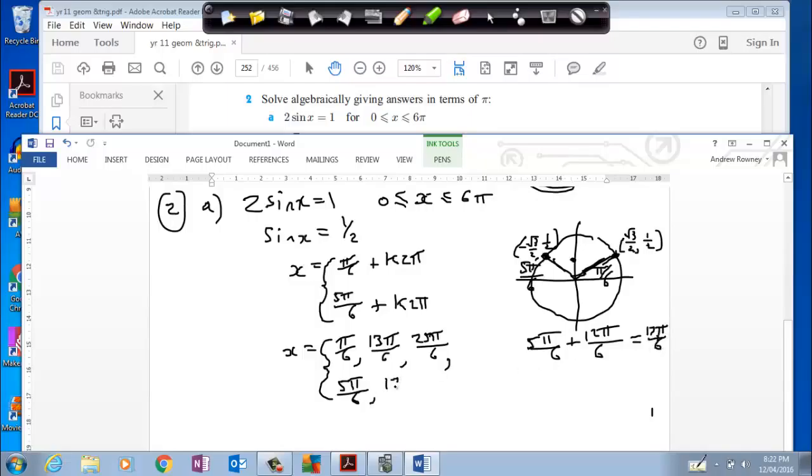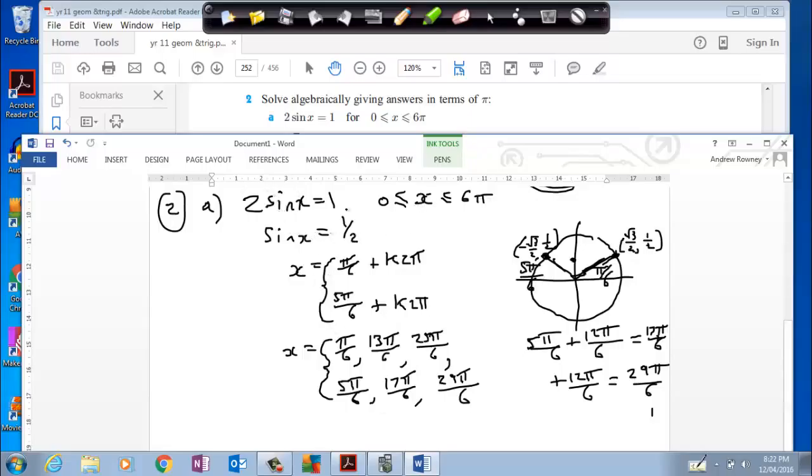That's the next one. And if you add on another 2 pi, then we'll be up to 29 pi on 6. And that's the end, because if we add on another 12 pi on 6, we'll be outside the 6 pi region. So we have 6 answers there for x values in that region that will give a sine value of 1/2.